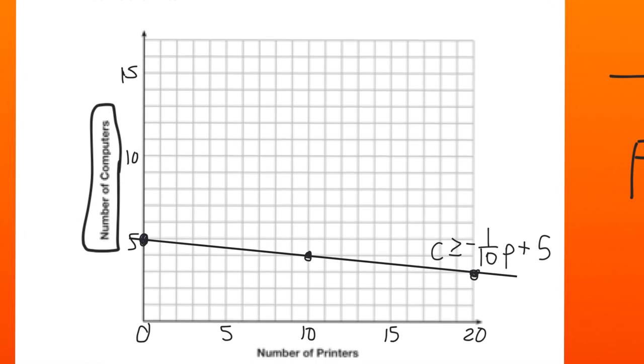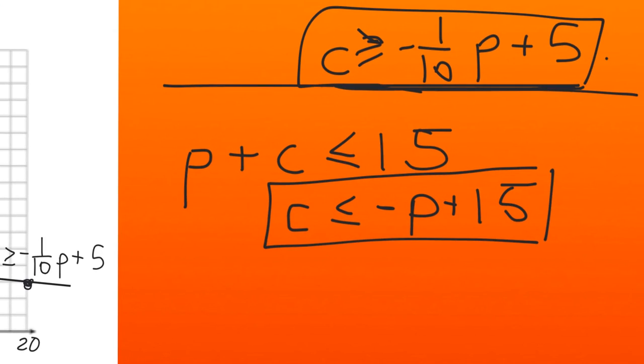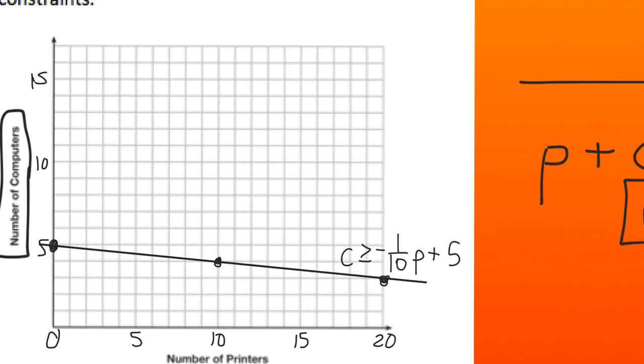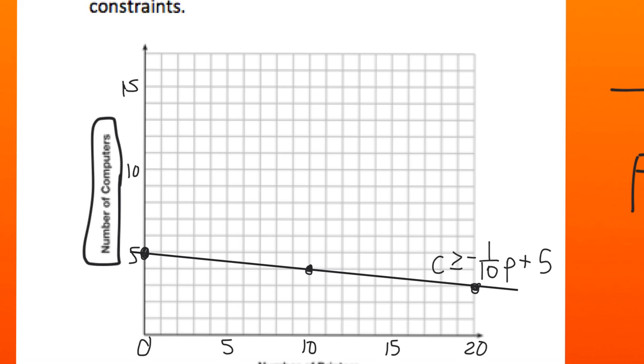Okay. Now for the next one, we'll check C is less than or equal to negative P plus 15. It should look something like this from here to here, and I'll just quickly connect those together. There, that looks about good.